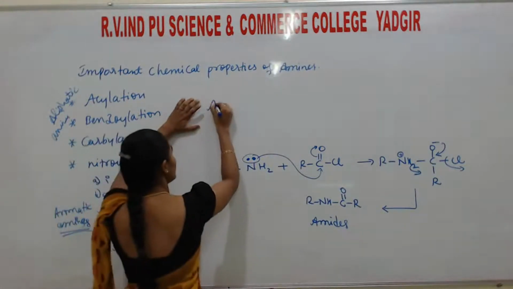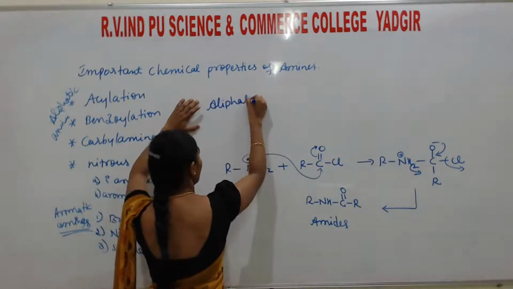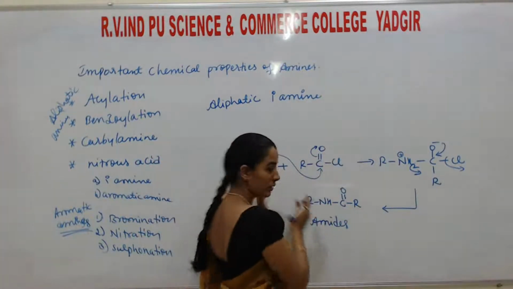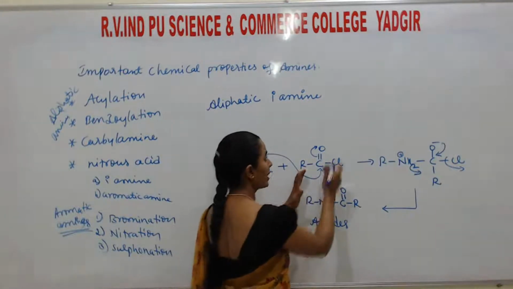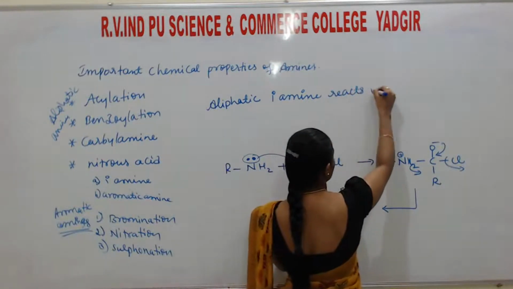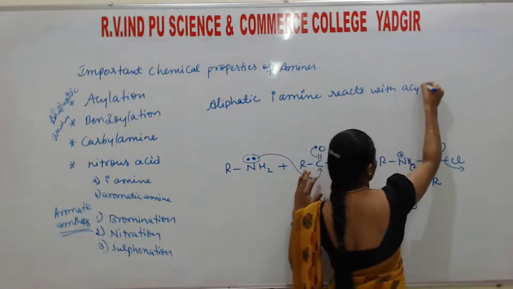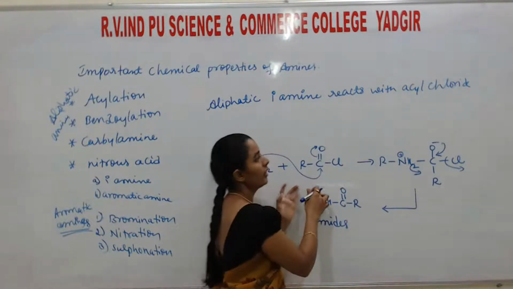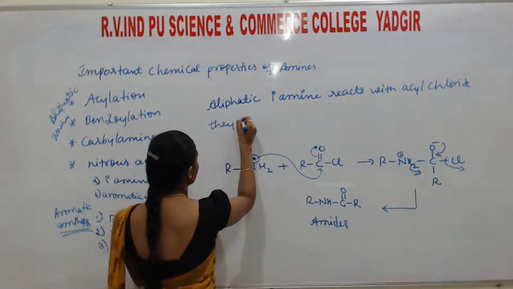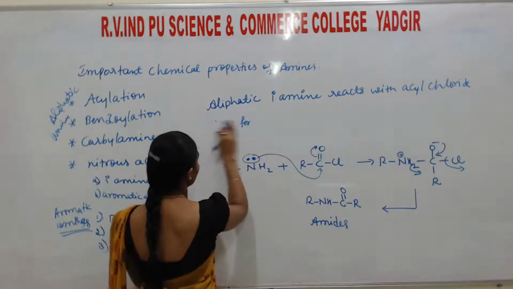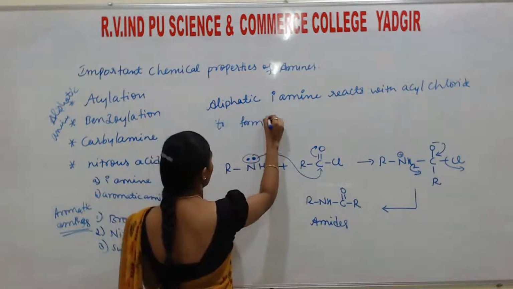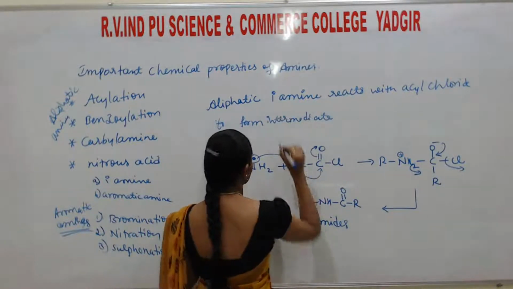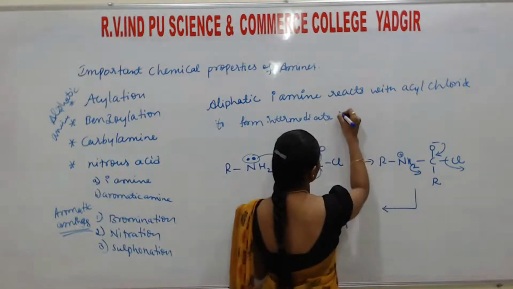When an aliphatic primary amine reacts with acyl chloride, they form an intermediate.